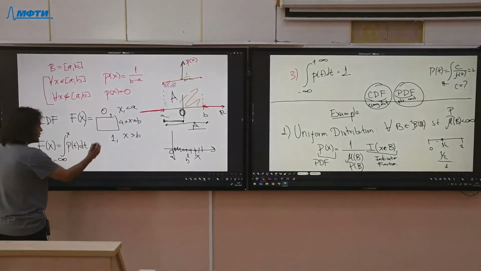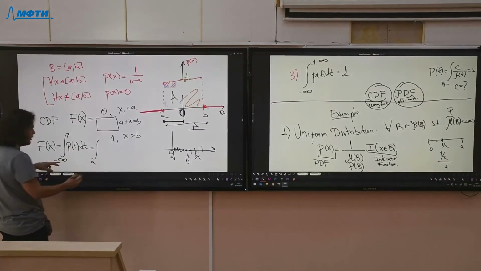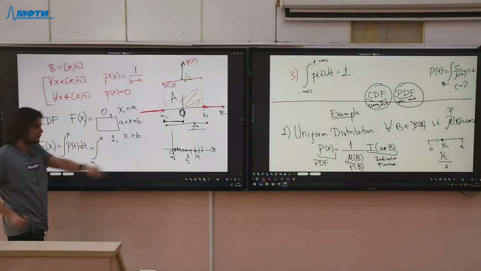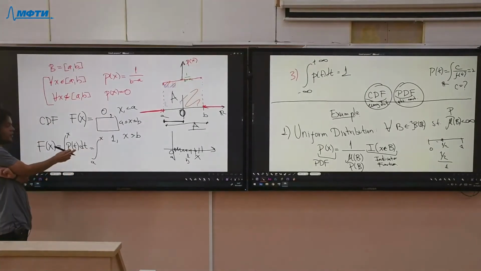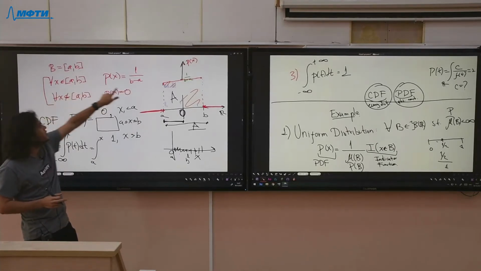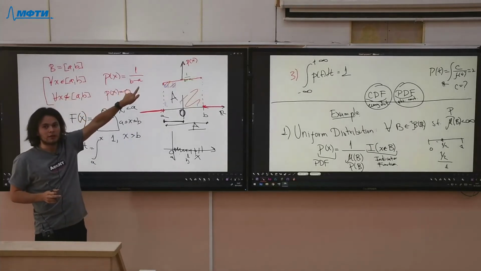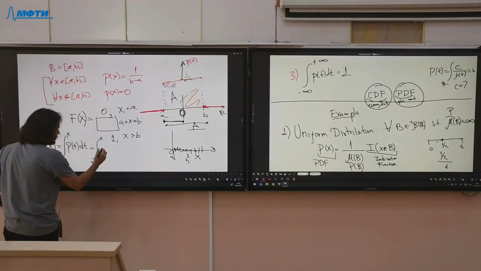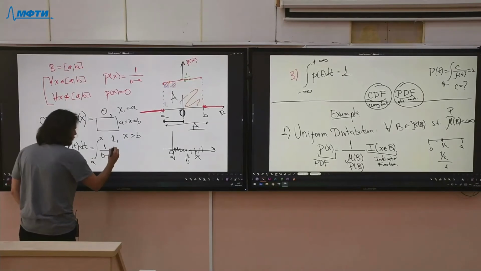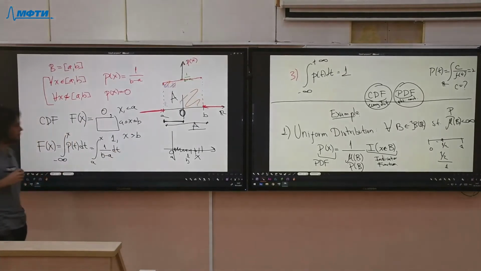This is going to be the same as the integral from a to x, where x is less or equal than b. And here we have the density, and the density, for any value from a to b, is just 1 over b minus a. So this is the integral of 1 over b minus a dt.